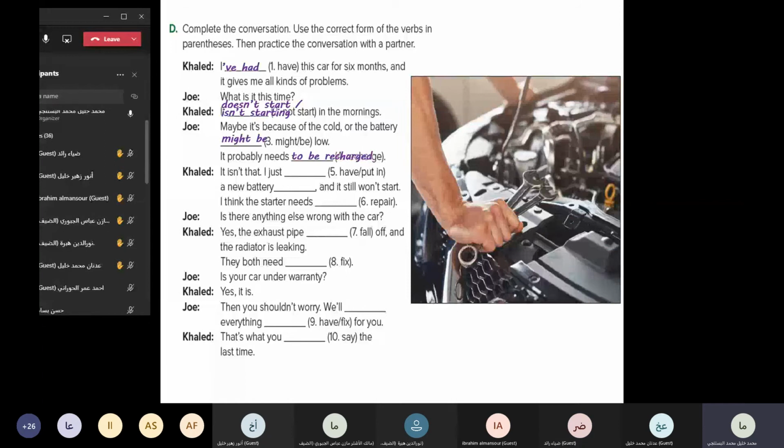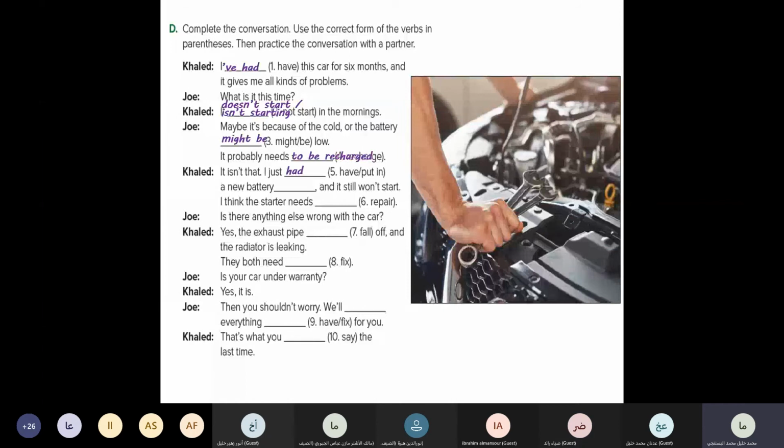Good. I had a new battery put in. It means I changed it in the battery store. I just had a new battery put in, and it still will not start.